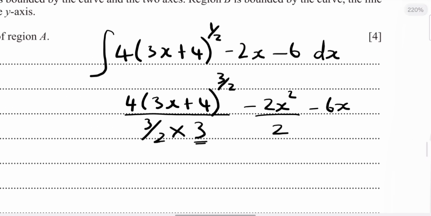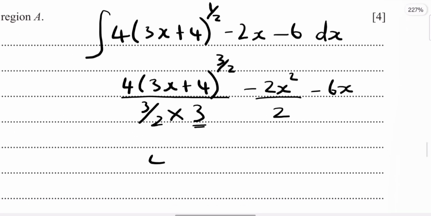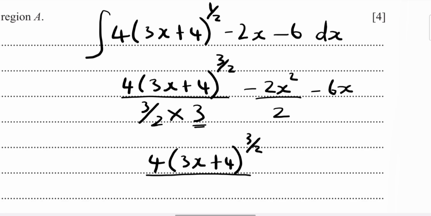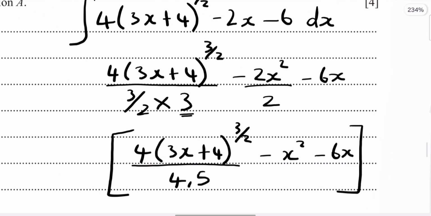Simplifying this a bit further, we get 4 times (3x plus 4) to the power 3 over 2, over 3 times 3/2, that's 9 over 2. You can write it as 8 over 9 times (3x plus 4) to the power 3 over 2, minus x squared, minus 6x. Then we introduce our limits, 0 and 7.